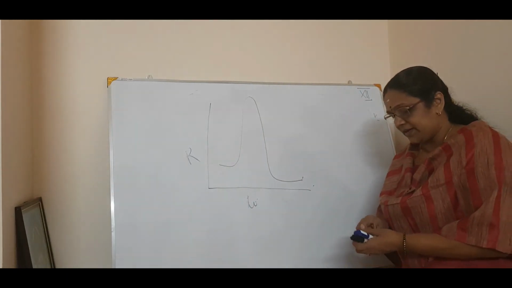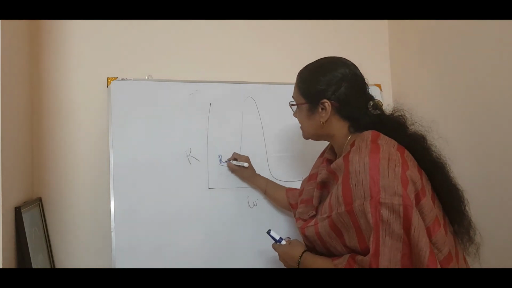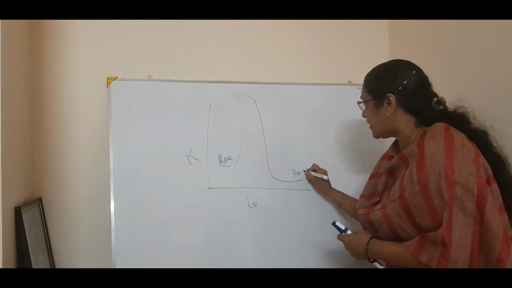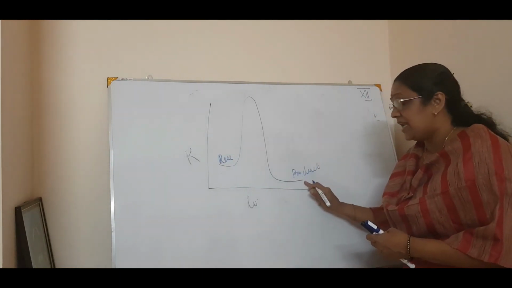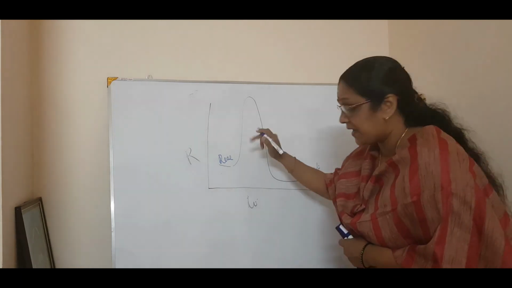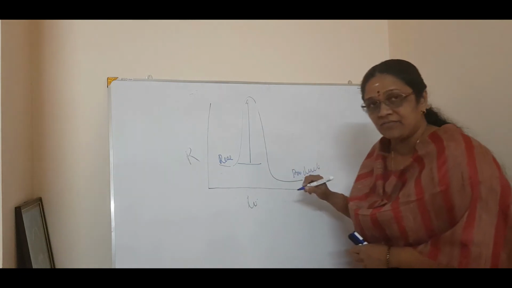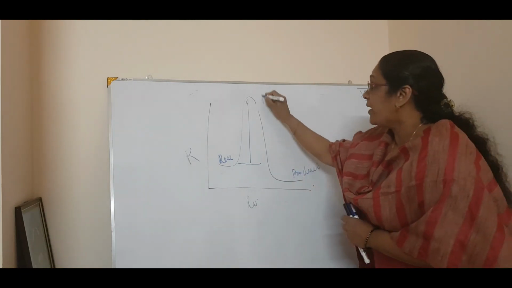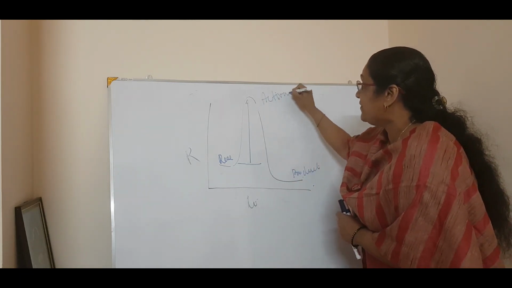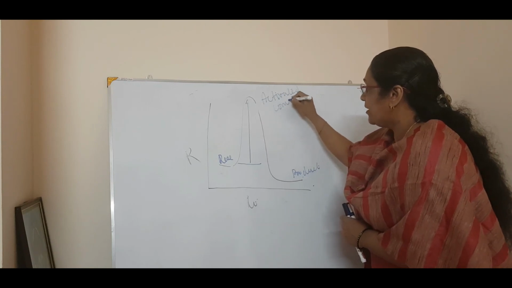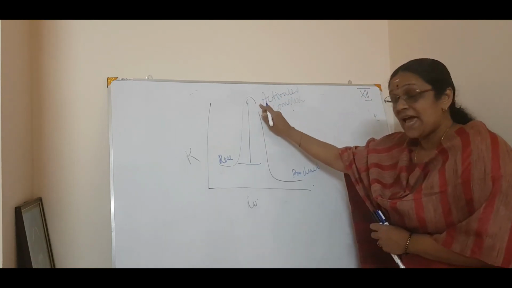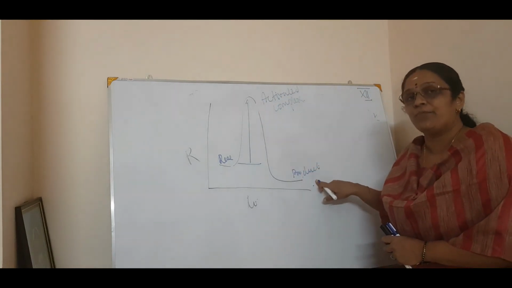See, this is the reactant, and this is the product. Always the product has less energy. Now, what I want to say is, the reactant will go to a higher energy level and form a complex which is called the activated complex. It will form an activated complex and only then will it form the product.